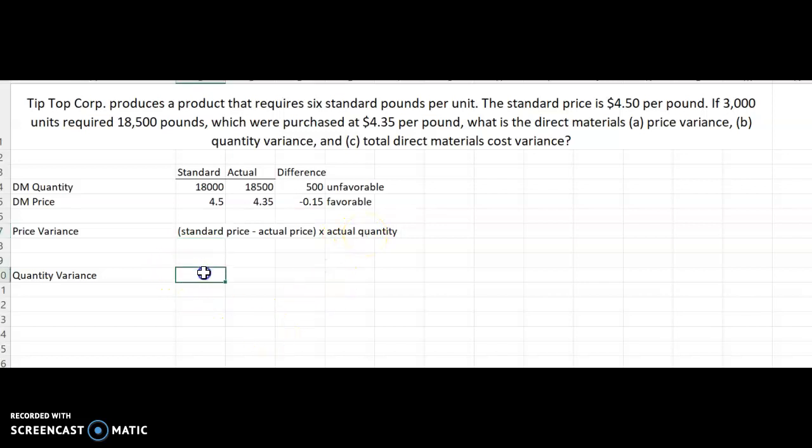Okay, so let's go ahead and do our formula for quantity. While we're looking at it, we're doing quantity. So it's going to be standard quantity minus actual quantity.